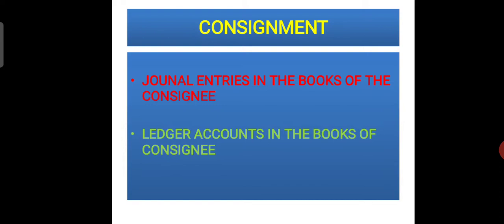In the first section, I will explain how we write the journal entries in the books of Consignee, and in the second section, I will explain how we are going to prepare ledger accounts in the books of Consignee. These two sections I will cover in this video.